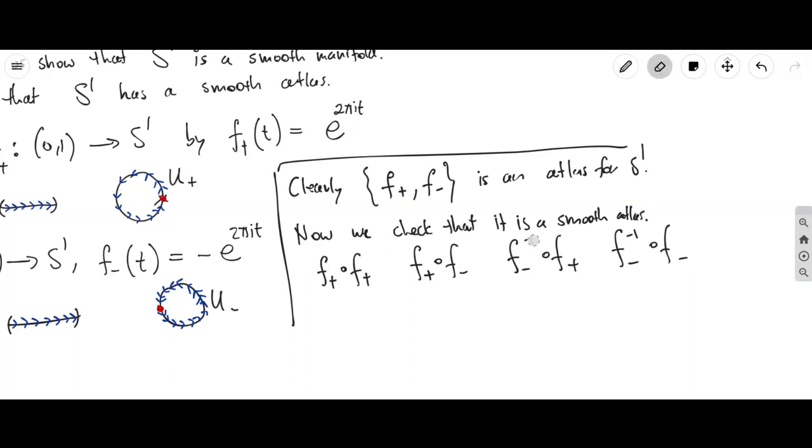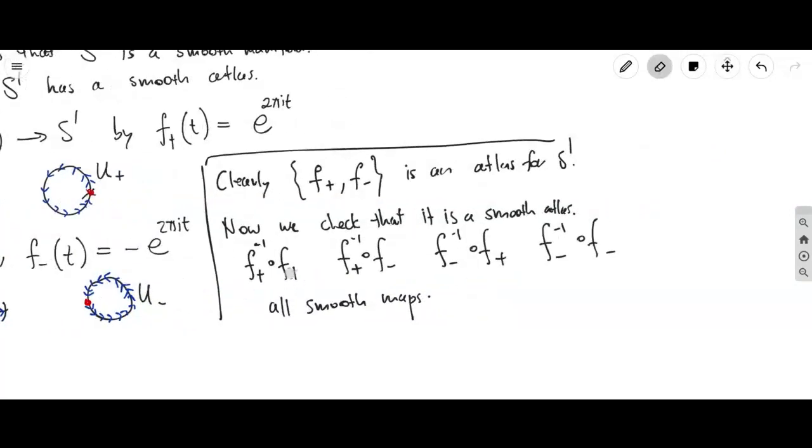I got these backwards. I meant to say that these are all smooth maps in the standard Euclidean calculus sense, that they can be differentiated as many times as you want.